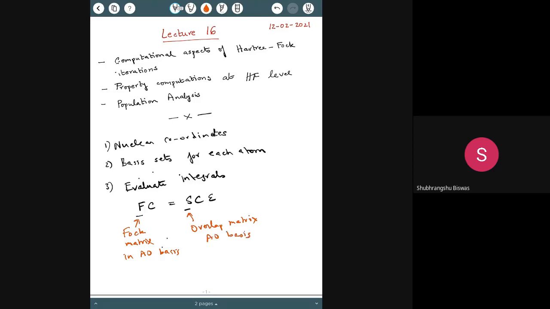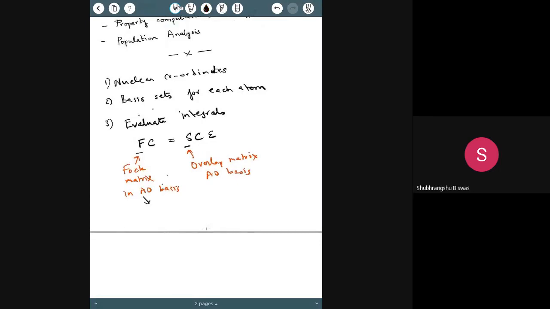And inside the Fock matrix, we have two parts. We have the one electron part, so Hij, let's say, or H core mu nu. I think that's the notation that we used, H core mu nu. And we have the two body parts, so J mu nu, or let's just say integrals of the type mu, nu, gamma, delta.